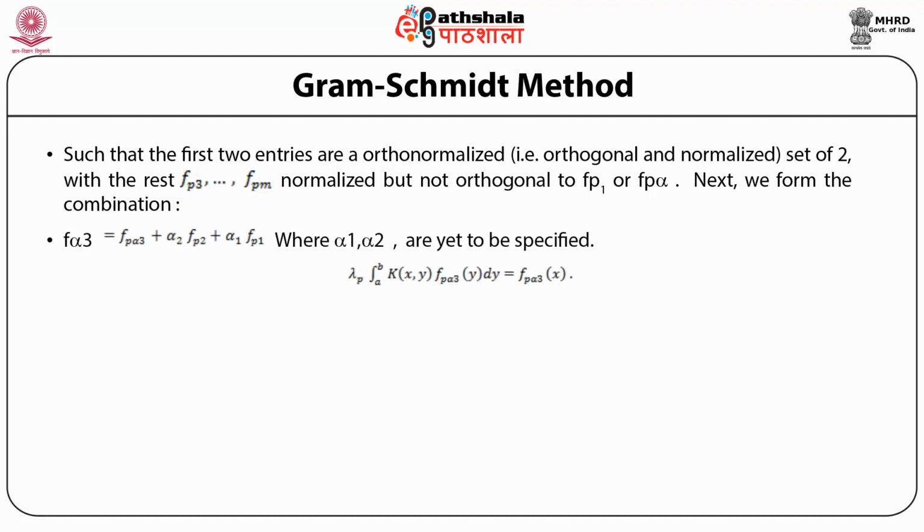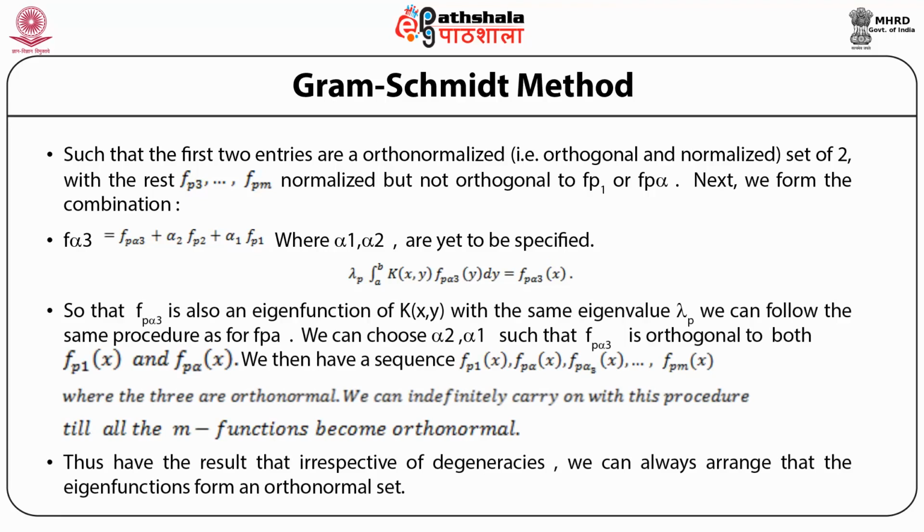Next, we form the combination f_alpha3 equal to f_p3 plus alpha2 times f_p2 plus alpha1 times f_p1, where alpha1 and alpha2 are yet to be specified. Then lambda p integral from a to b of k(x,y) f_alpha3(y) dy we define as f_p alpha3(x), so that f_p alpha3 is also an eigenfunction of the kernel k(x,y) with the same eigenvalue lambda p. We can follow the same procedure as for p alpha.